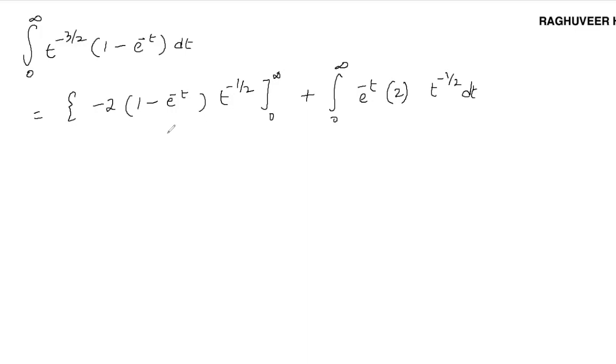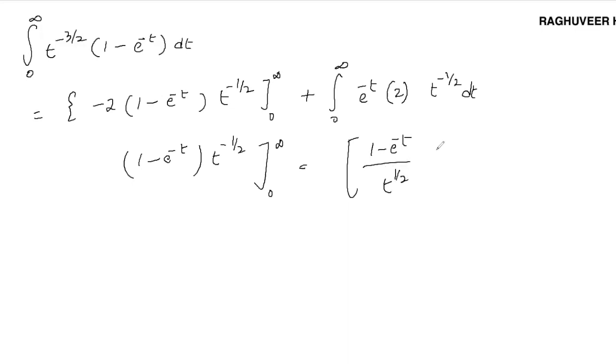Now simplifying this, by applying L'Hopital's rule, the term 1 minus e to the power minus t multiplied by t to the power of minus half, from 0 to infinity, is equal to 1 minus e to the power of minus t divided by t to the power of half, from 0 to infinity, which is equal to 0.